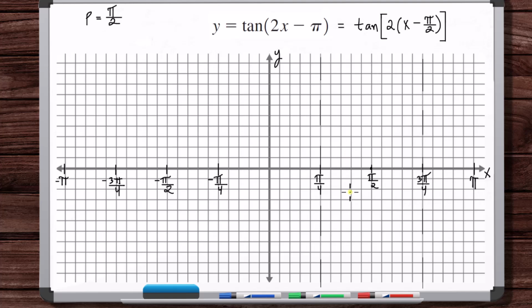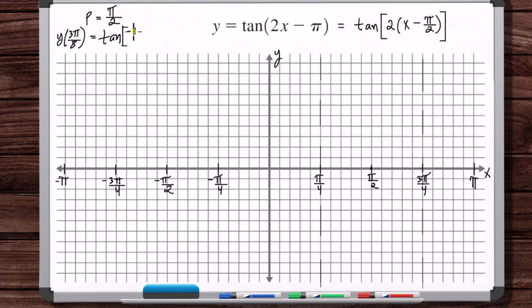So let's go like 1/4 of the way. So it goes pi over 8, pi over 4, 3 pi over 8. So let's plug in 3 pi over 8. So tangent of 2 times 3 pi over 8 is 3 pi over 4 minus pi. 3 pi over 4 minus pi is 3/4 minus 1.